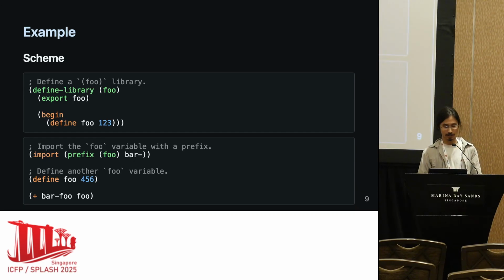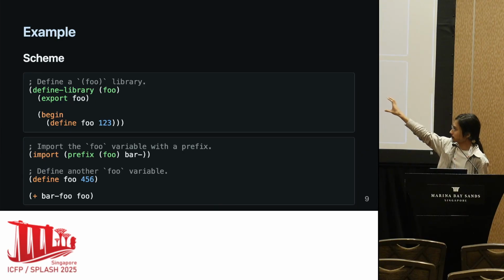So let's take a look at one of the examples of the code graph. This is an example of the R7RS-small standard, so it doesn't work on Ruby Scheme. The upper part is the library definition and the lower part is the main program.